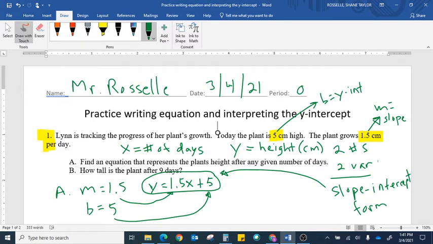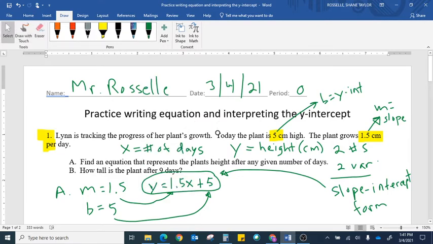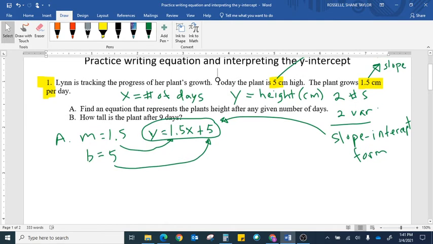So to look at B, what I'm going to do is realize that 9 days represents the x variable. So x is going to equal 9.